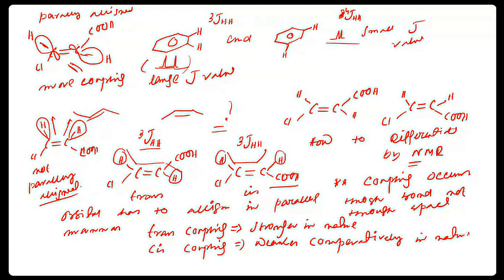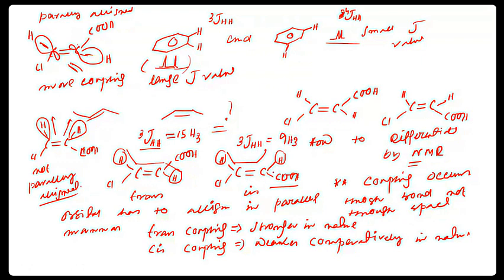As trans coupling is stronger in nature, what is the J value? We know it is JHH. So JHH will be higher here, almost 15 hertz. Look at the value, 15 hertz. And here the value is quite low, around 9 hertz.